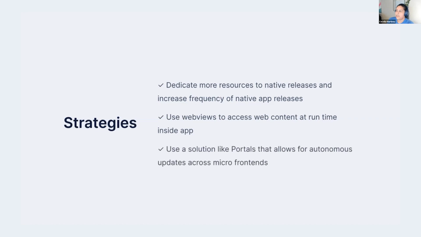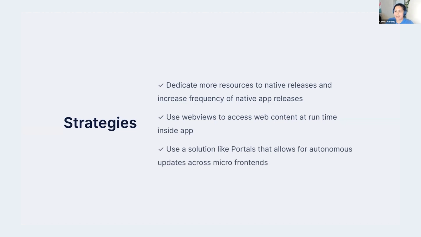And then another strategy is to use a solution like Portals from Ionic that allows for autonomous updates across your micro front ends for your mobile applications. With a solution like Portals, you are able to push updates to the web portion of your application, the micro front end, separately without needing to push an update to the native application itself.